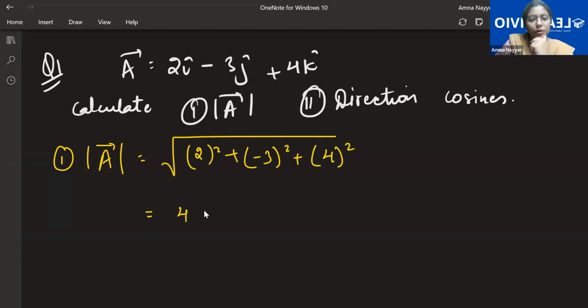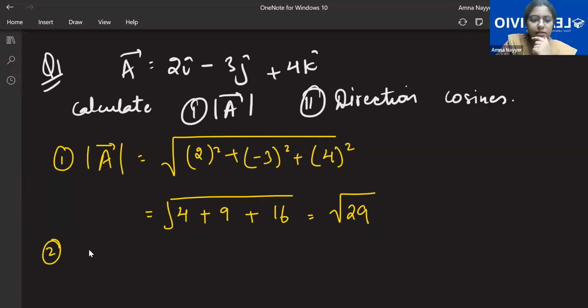So this will be 4 plus 9 plus 16. This is root 29. Second says direction cosines. So in direction cosines, cos alpha will be ax by the magnitude of A. So see, ax is 2, 2 by root 29.